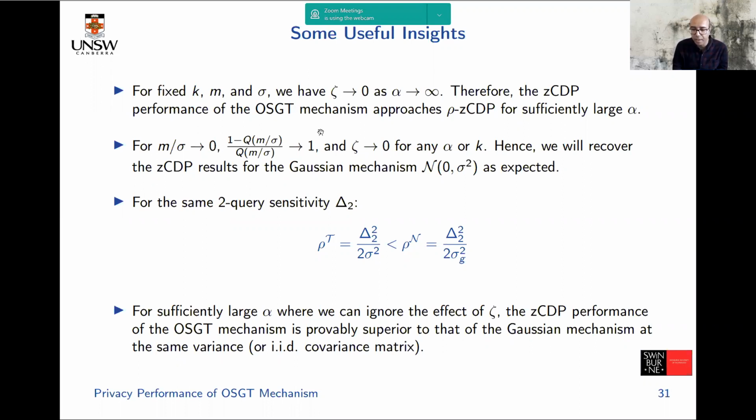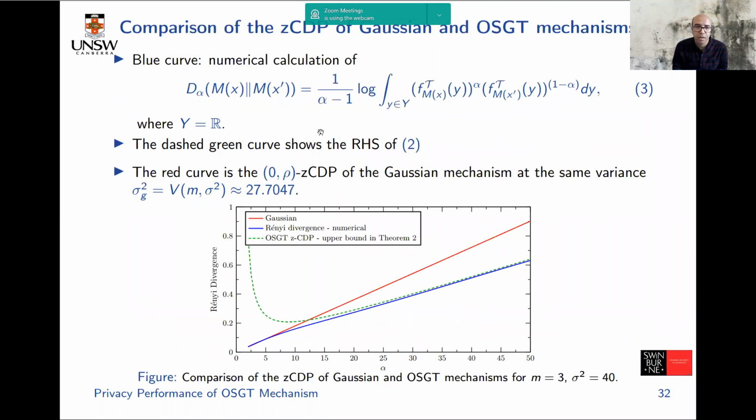And if we want to compare the zCDP of Gaussian and OSGT, this is for the single-dimensional case. So we have this red curve, which is the Renyi divergence versus alpha.